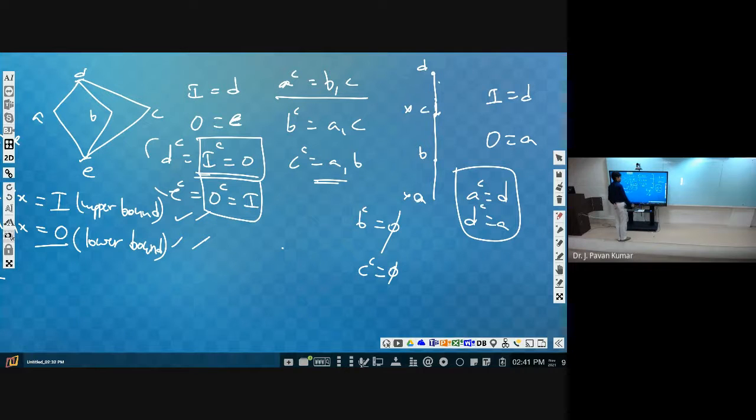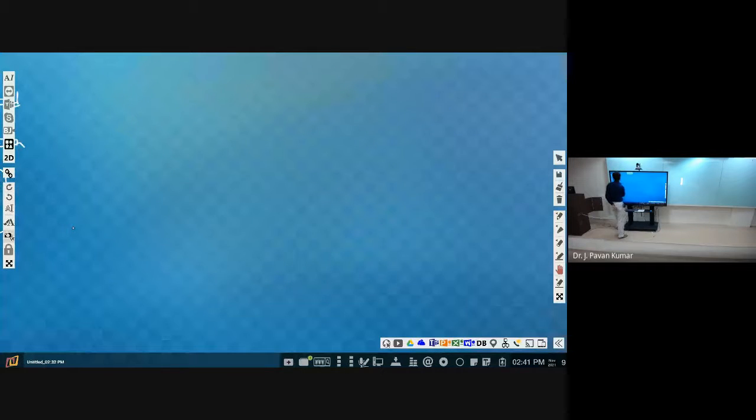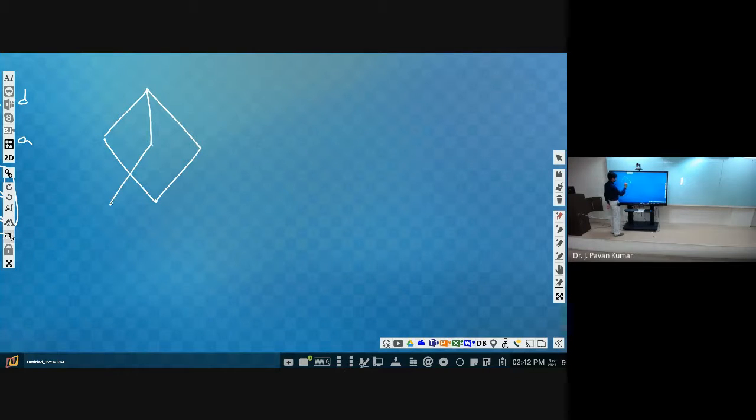So now let us try to see one more example with respect to finding the complement of a given element. Now, is this a lattice or not, first of all?